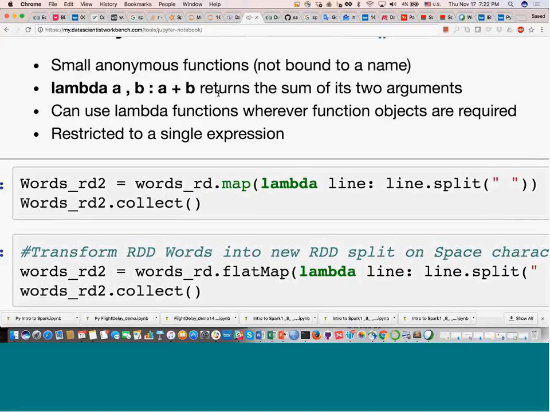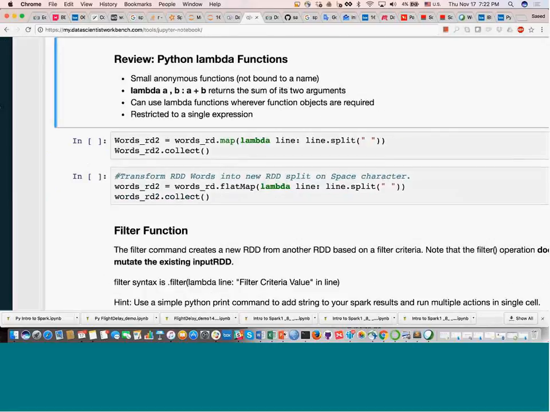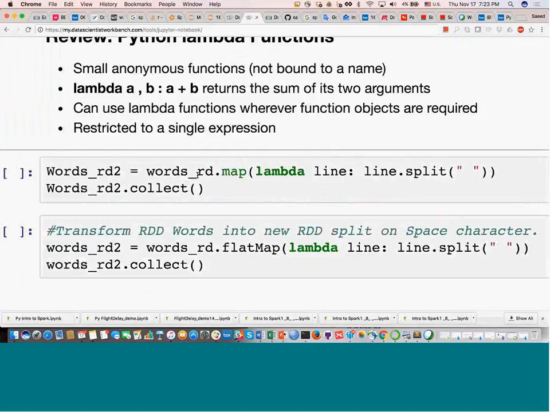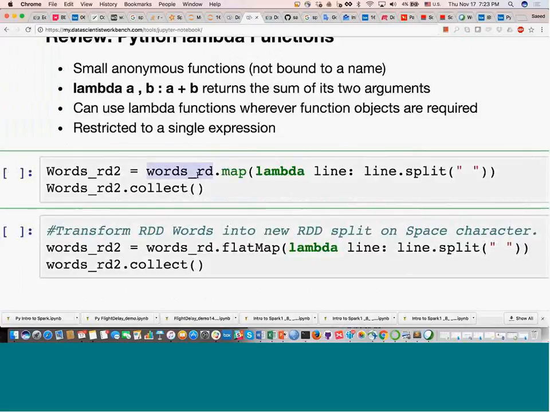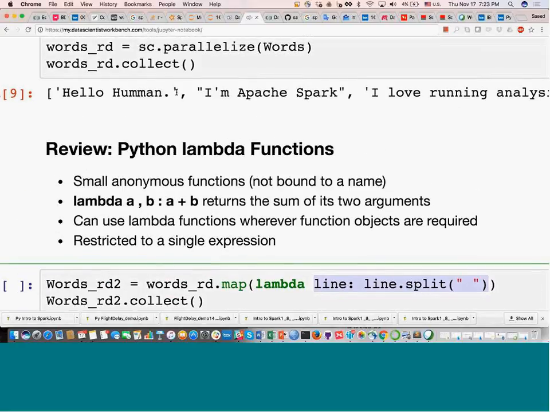So what I do is say, okay, take my word RDD and use the map transformation. It means go to each of the elements of my RDD and apply this function. What is this function? Just split it based on the space, right? So it goes to each of these items and splits them based on the space.